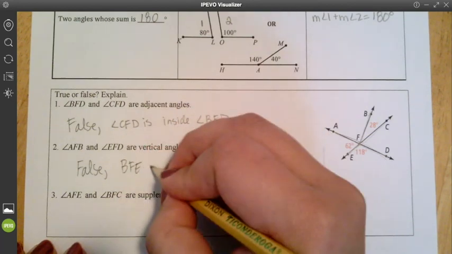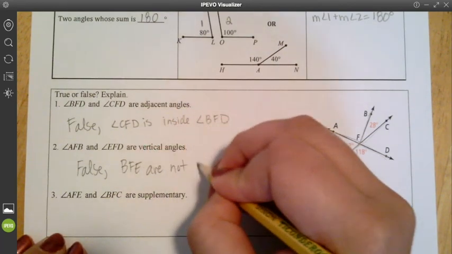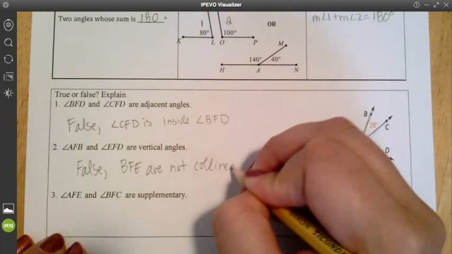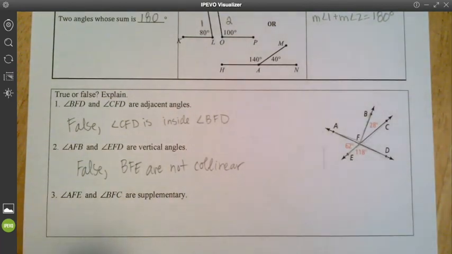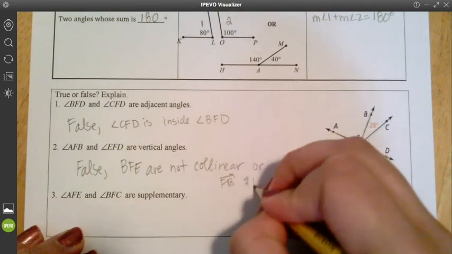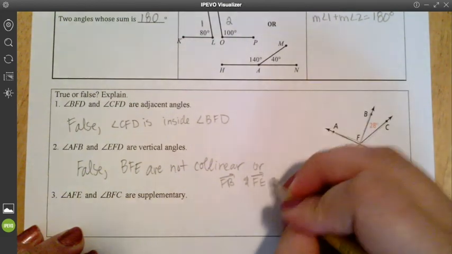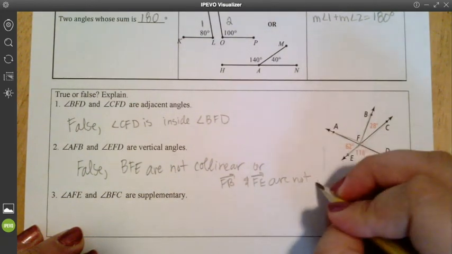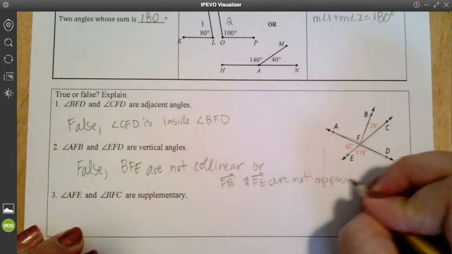Number 3: FB and FE are not collinear. Or we could say they're not opposite rays.